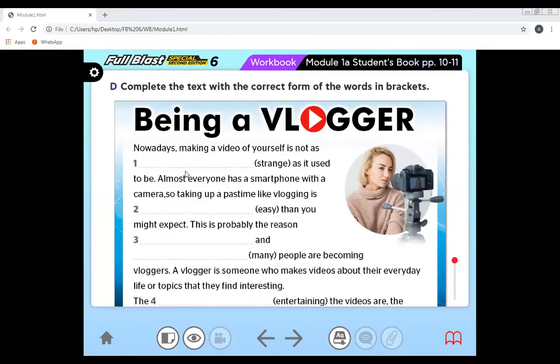It will be: is not as strange as. Between as, we put the bare adjective without anything. So it will remain as it is: strange. Okay.